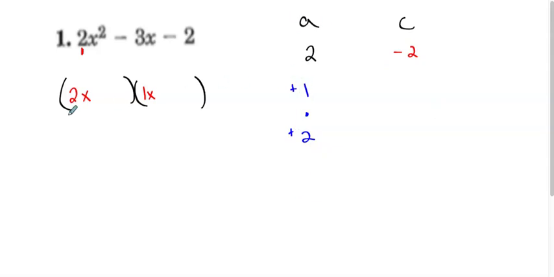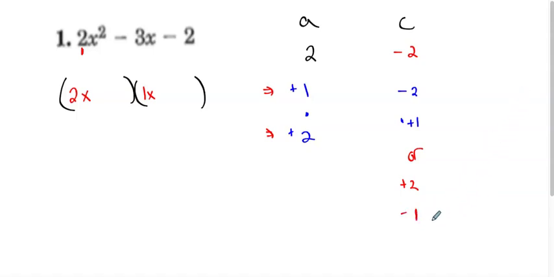So with your first position in your quantities, I would stress keeping them both positive if you can. Your C term now has multiple options. You can do negative 2 times positive 1, or the second option here is positive 2 times negative 1.